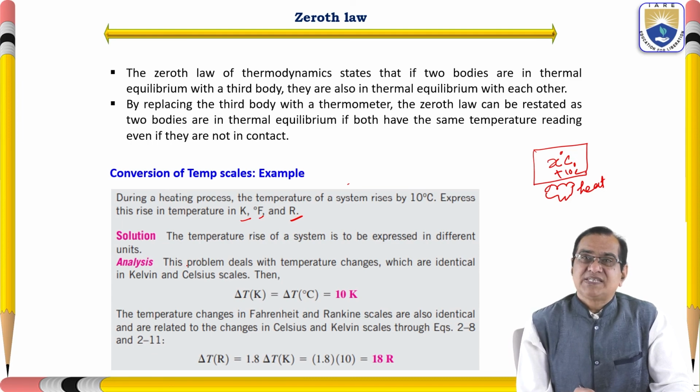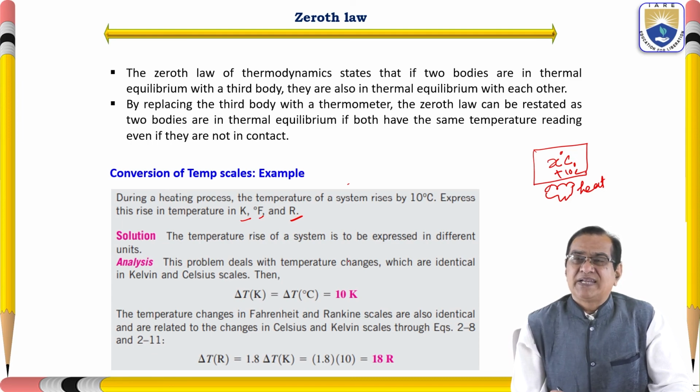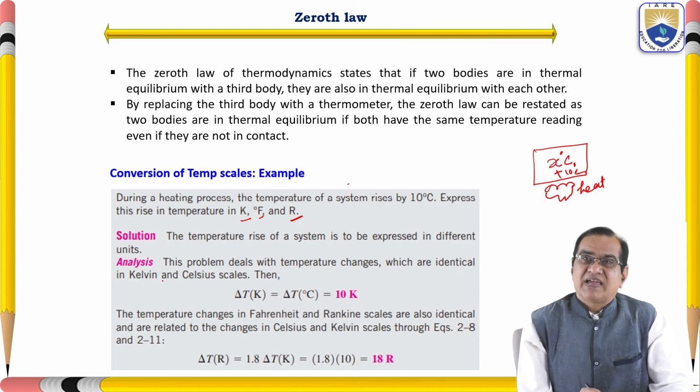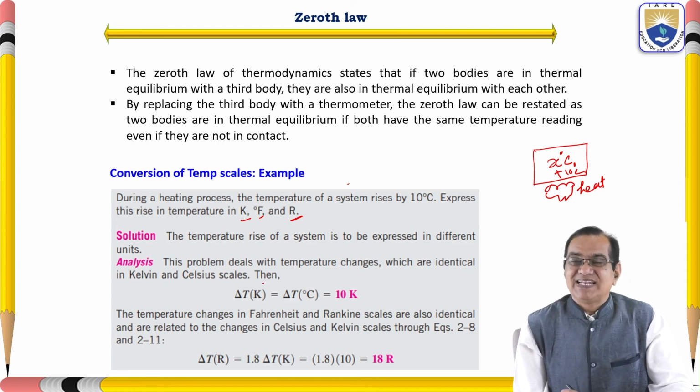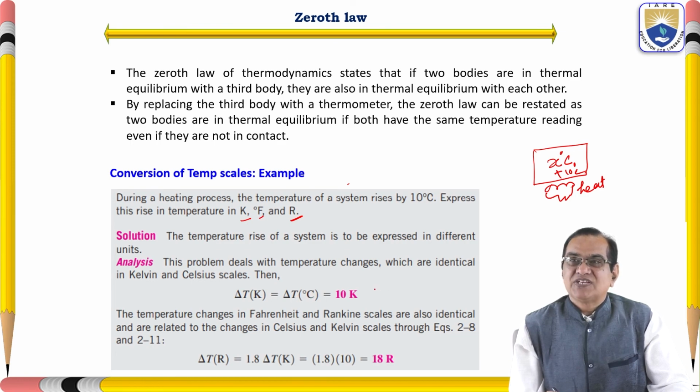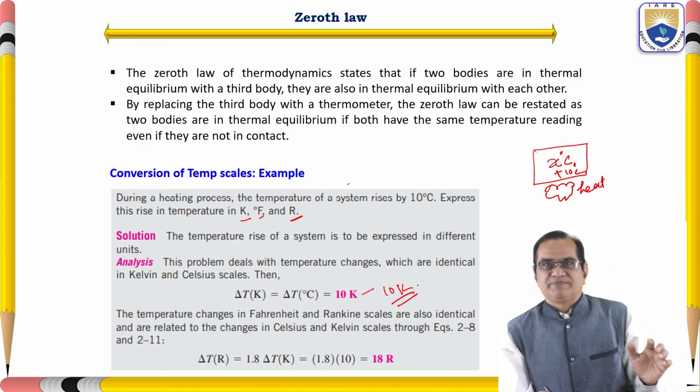Analysis: this problem deals with temperature changes, which are identical in the Kelvin and Celsius scales. So the change in temperature in Kelvin is equal to the change in temperature in degrees centigrade. Here this 10 degrees centigrade can be taken as 10 Kelvin because it is a difference in temperature.